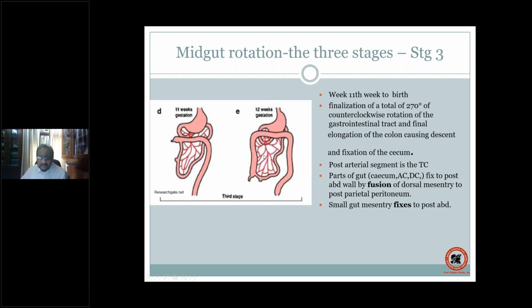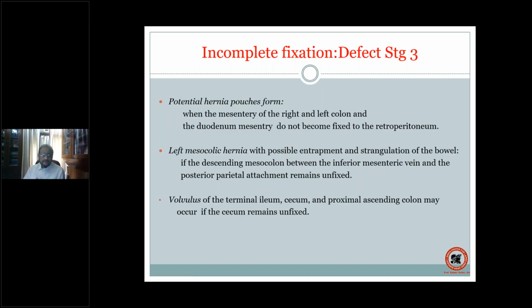The post-arterial segment now becomes the transverse colon. Parts of the gut, that means the cecum and the ascending colon, become retroperitoneal. Why? Because the dorsal mesentery of this part fuses. Similarly, the dorsal mesentery of this part fuses. So that becomes retroperitoneal, fusing with the posterior parietal peritoneum. And the small gut mesentery fixes to the posterior abdomen. So that is the third stage of rotation.